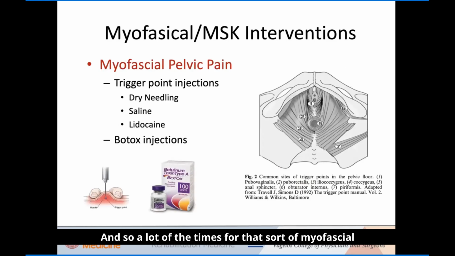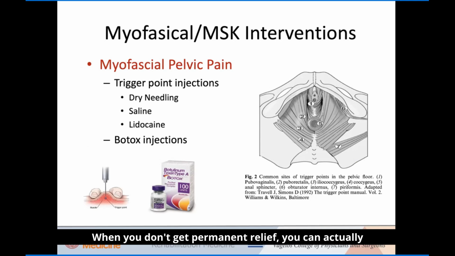And so a lot of the times for that myofascial muscular pain, we do things like potentially trigger point injection. So this can be done with or without medication, generally mostly done with lidocaine, sometimes with steroid, but basically introducing these needles into these different muscles to try to get a trigger point release, just like we could in the neck, for example, can be helpful.